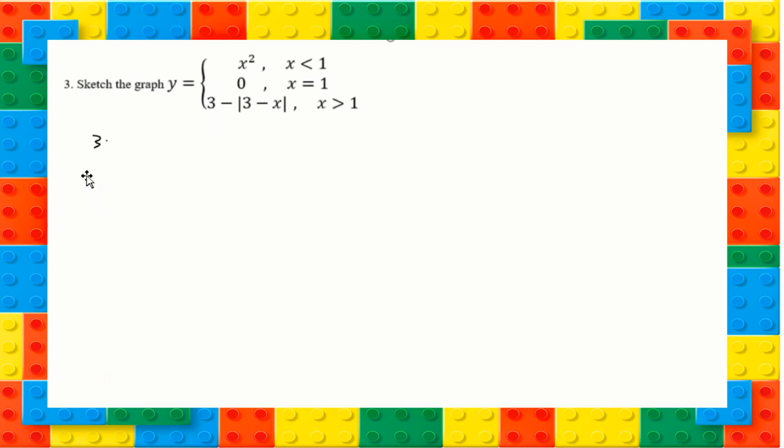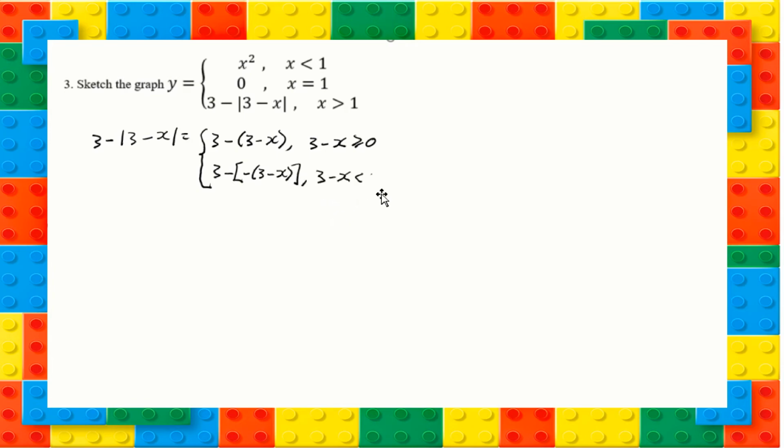So 3 minus modulus of 3 minus x, when changed to non-modulus, we will get 3 minus positive 3 minus x when 3 minus x is greater than 0, or we will get 3 minus negative 3 minus x when 3 minus x is less than 0.